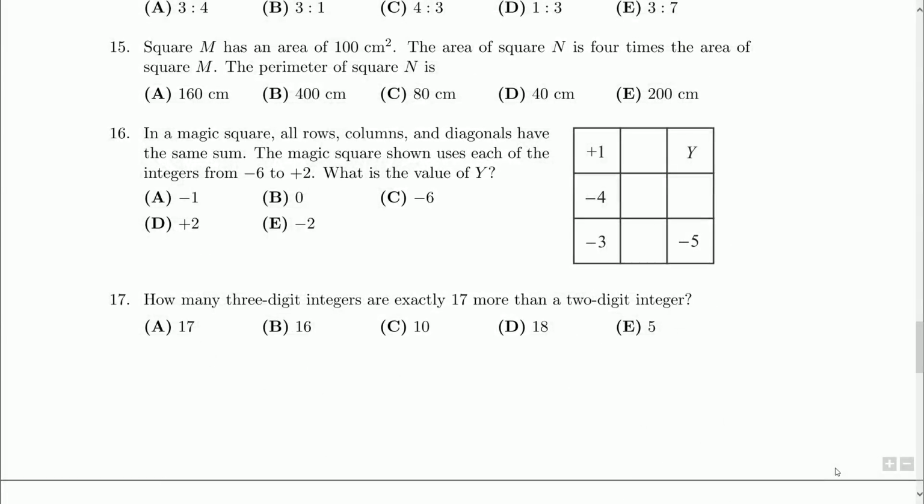It's a magic square question, and in a magic square, all rows, columns, and diagonals have the same sum. It's a nice feature of magic squares, a very basic one. In case you've never seen them before, they're kind of neat. Little 3x3 grid. They don't always have to be 3x3. You can get 4x4s and 5x5s. There's lots you can do with magic squares.